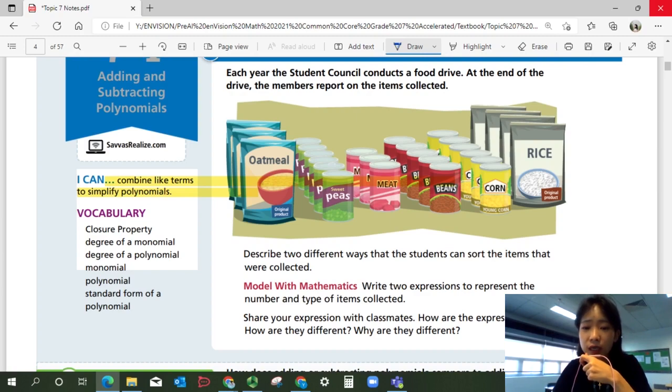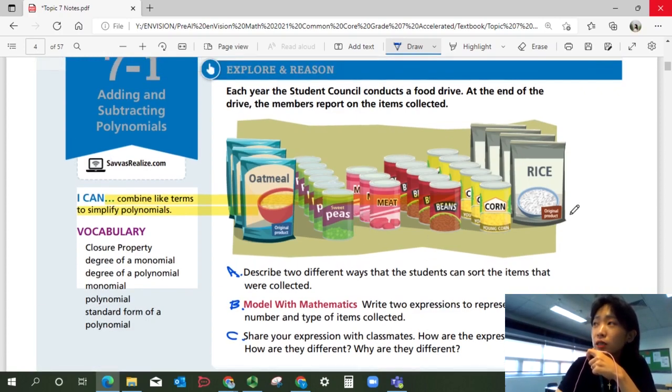So let's get started with part A. This is part A, and that's part B, and that's part C. So what are 2 different ways that the students can sort the items? We can sort the items like shown in the picture by their types, right? Vegetables, meat, grain, etc. Or what other category could we make for them?